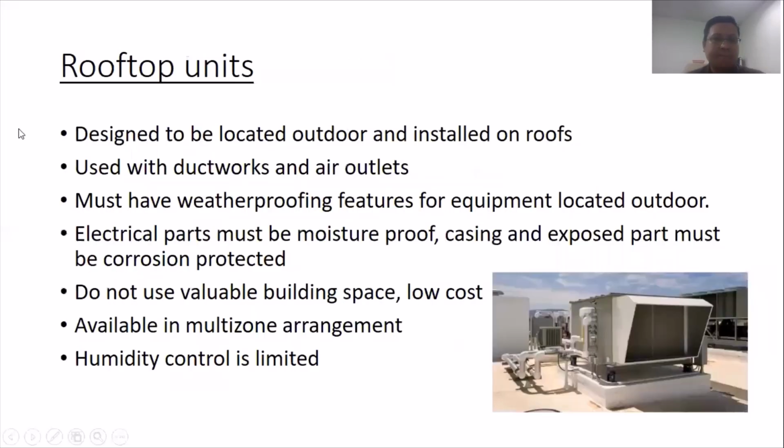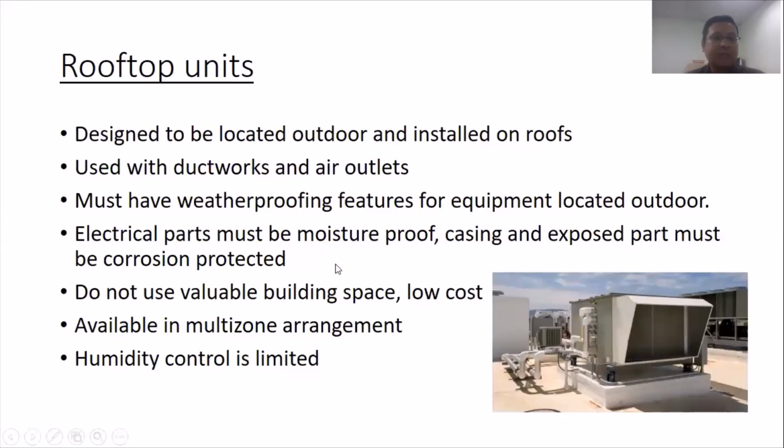Yeah, and then we go to another type, the rooftop unit. You can see the rooftop unit. In some buildings we sometimes use this type of air conditioning, designed to be located outdoor and installed on the roof, used with ductwork and air outlets. It must have weatherproofing features for equipment located outdoor.